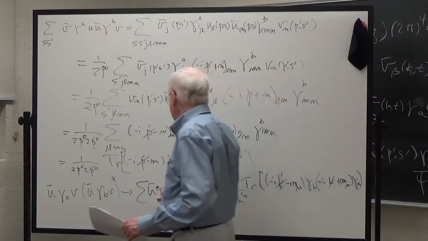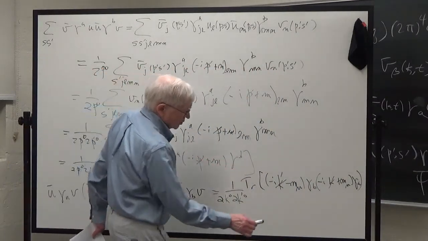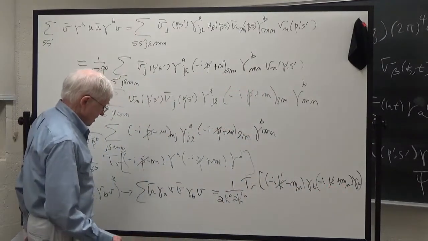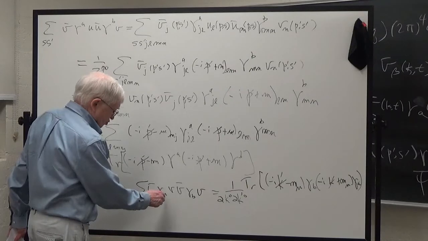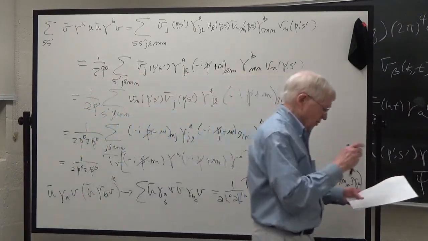So notice up here we had upper indices, gamma^A, gamma^B. Down here we have lower indices, gamma_B, gamma_A. And I'm not sure about whether this is A or B. I just noticed there may be a typo here.